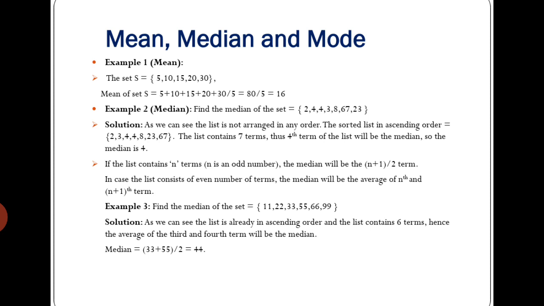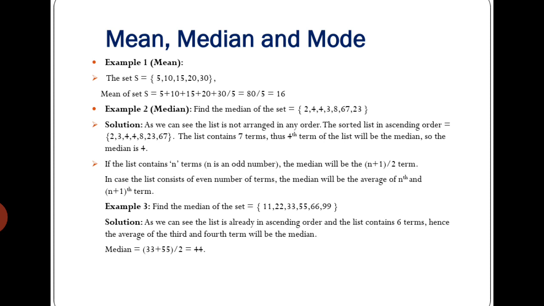We'll see in the next problem. Third example, example 3. Find the median of the set 11, 22, 33, 55, 66, and 99. Already the data is arranged. Here there are 1, 2, 3, 4, 5, 6 terms.